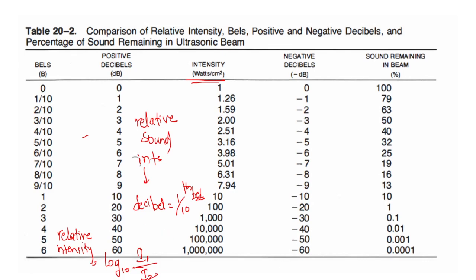We can define a bell as the logarithmic expression of relative intensity of two sound beams. For example, if the original sound I1 has an intensity of 10 watts per centimeter square, whereas the returning echo I2 has 0.001 watt per centimeter square, then I2 by I1 is 0.0001 by 10, which is 10 to the power of minus 4.